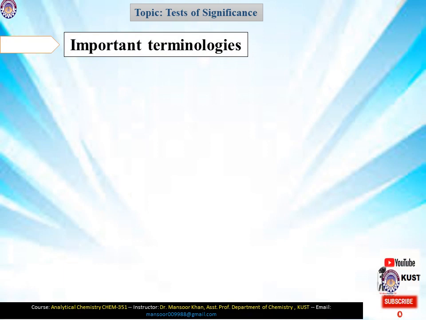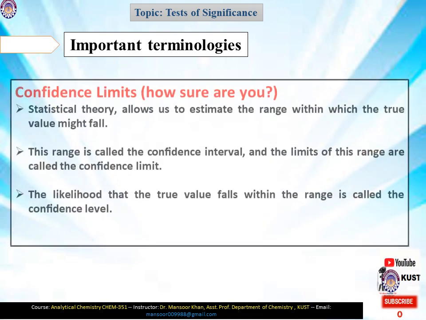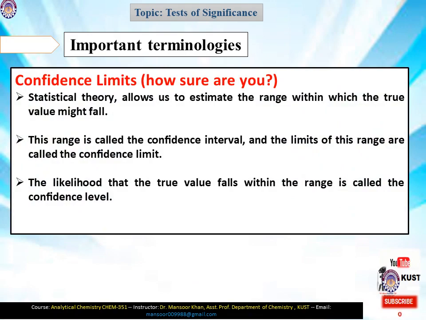This is basically coming from probability, that how much you are confident that the true value is present between two limits. According to statistical theory, we can estimate the range within which the true value is present. This range is called the confidence interval, and the limits of this range are called confidence limits.